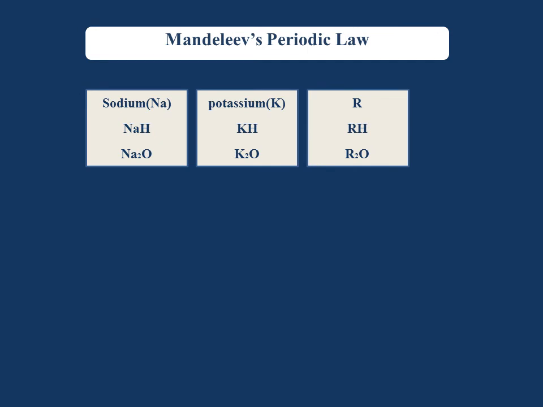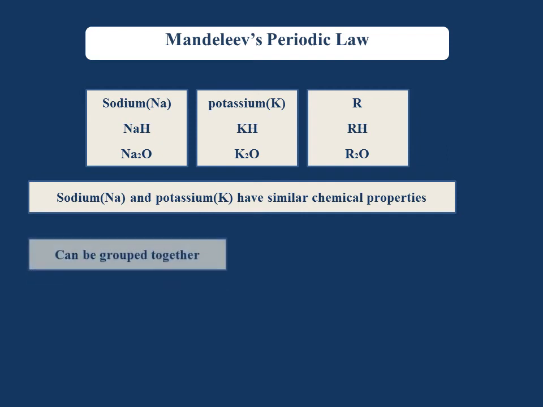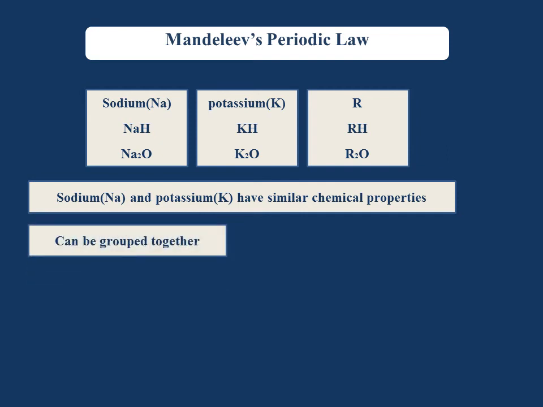If we represent the element with R, then the general formulae of these hydrides and oxides are RH and R2O. That means sodium and potassium have similar chemical properties. They form similar chemical compounds with elements. That's why they can be grouped together.